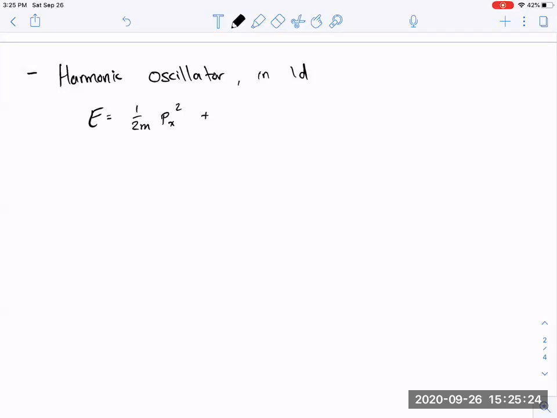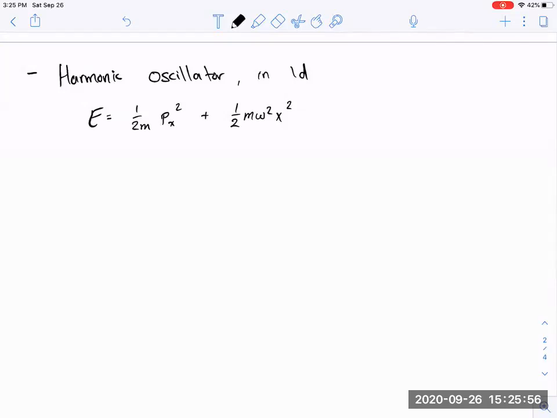But now in addition to having kinetic energy, it has potential energy. And let's write this in a specific way. 1/2 depends on the position of the particle in some harmonic potential, x. And let's denote the spring constant as m omega squared, omega being the frequency of the oscillations of that particle in that harmonic well.